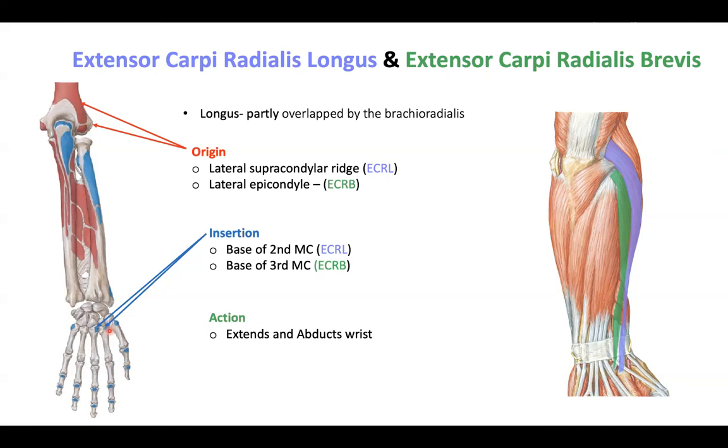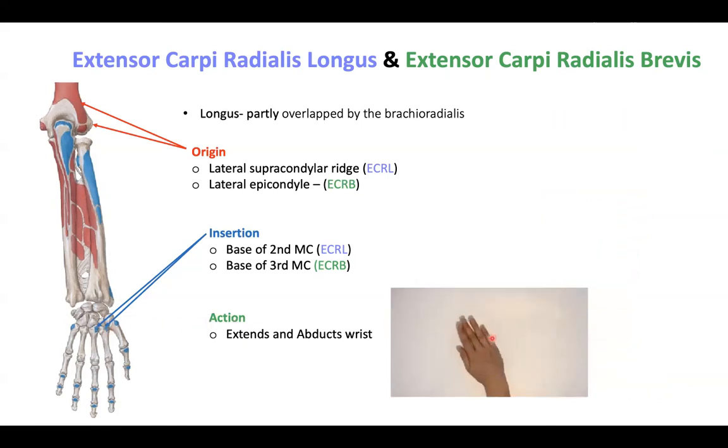Similarly, in the flexor compartment, we have flexor carpi radialis muscle, which lies laterally. That muscle also radially deviates or abducts the hand. So this is radial deviation. So extensor carpi radialis longus, extensor carpi radialis brevis, and flexor carpi radialis can abduct or radially deviate our hand.